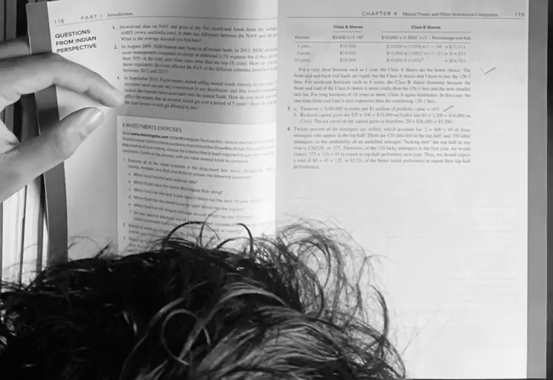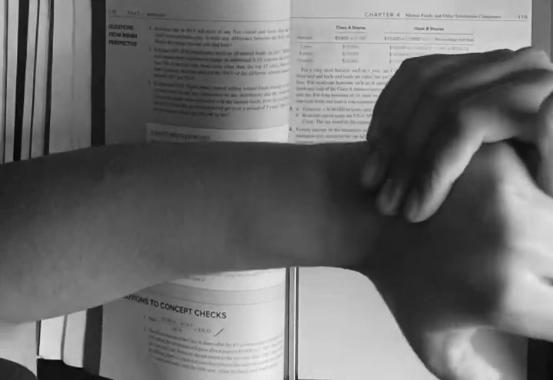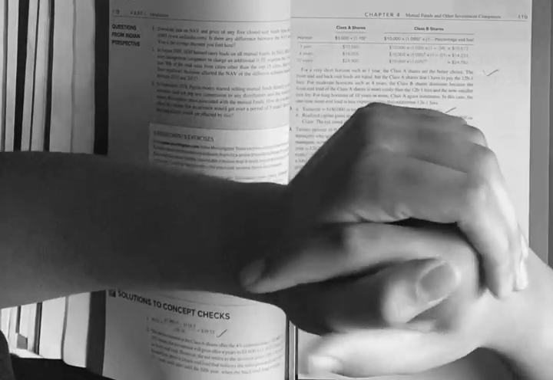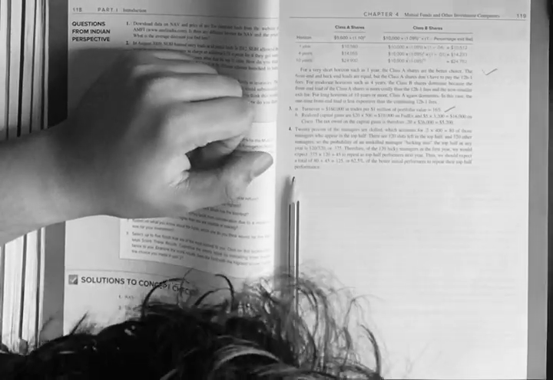Oh, wait, 1 second. 300 managers. Probability of an unskilled manager lucking into the top half. Yeah, okay. 120 by 320, 0.375, okay.